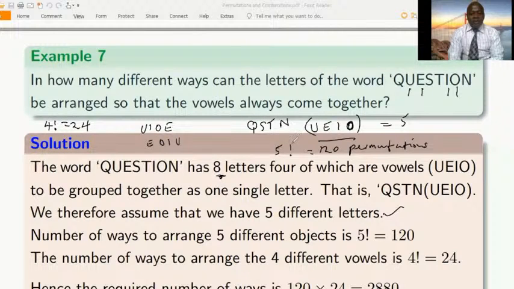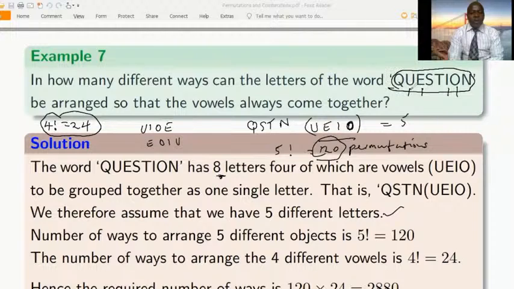So we discovered that the 5 different letters were to be arranged in 120 ways. And the 4 different vowels are to be arranged in 24 different ways. And therefore, what does the question want? The question wants us, in how many ways can you arrange the letters of this word?